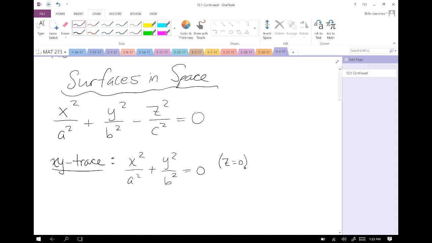If we let z equal 0, then it just disappears from the equation, and we've got x squared over a squared plus y squared over b squared equals 0. The only time a sum of squares is equal to 0 is at the point 0, 0.